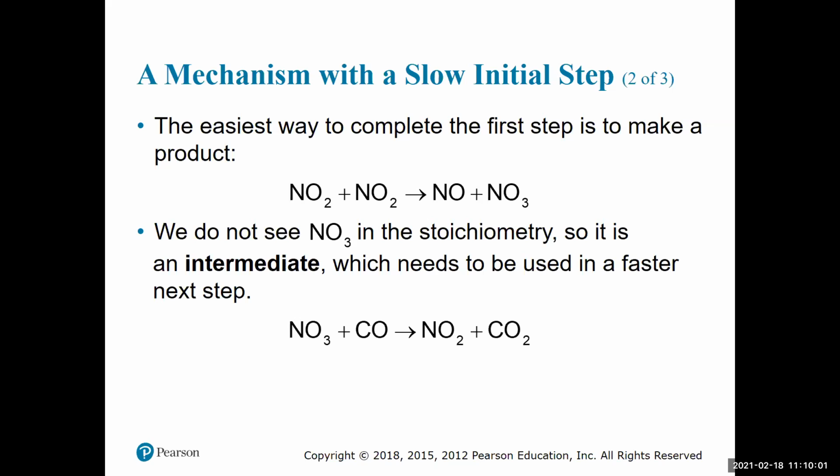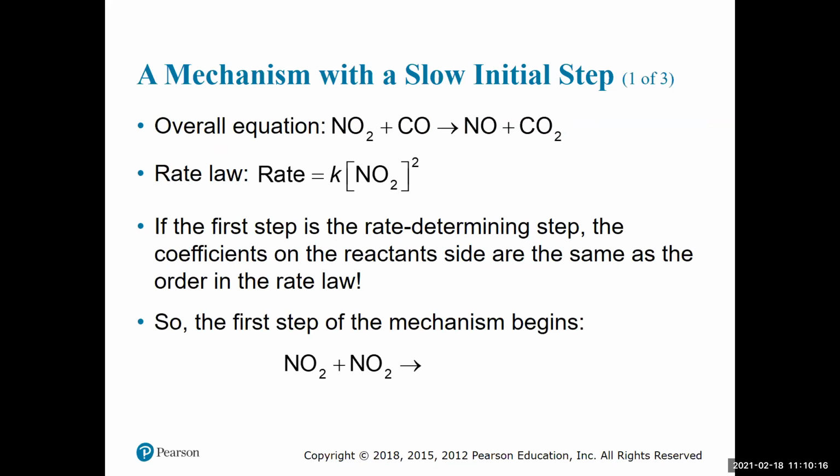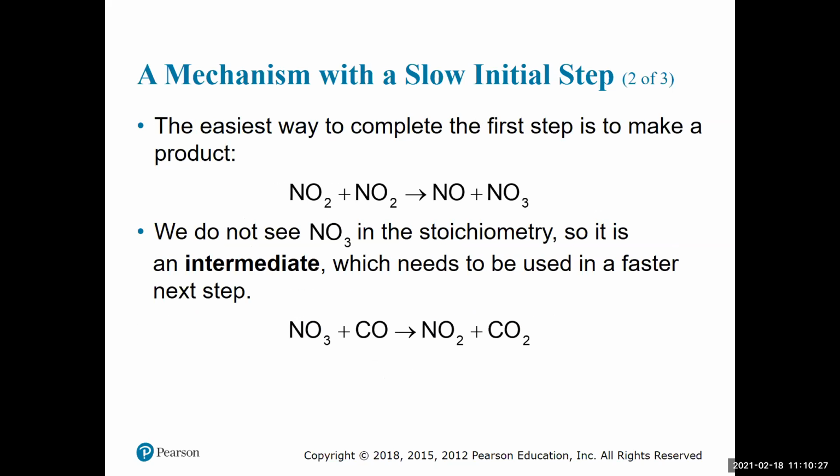So now what we see here is NO2 plus NO2 forming NO plus NO3. When we go back and remember what our reaction stoichiometry was, that's that first equation, which is labeled overall equation, we see we have NO2 plus CO going to NO plus CO2. We don't see the NO3 in there at all.